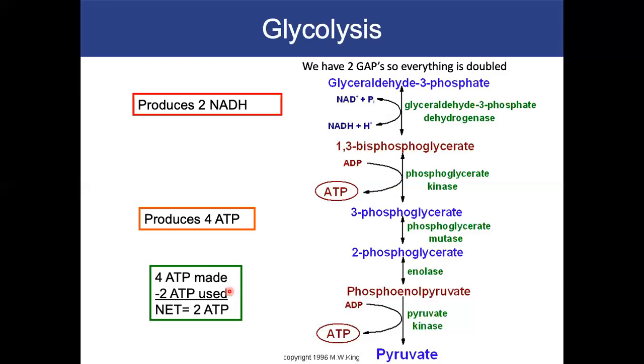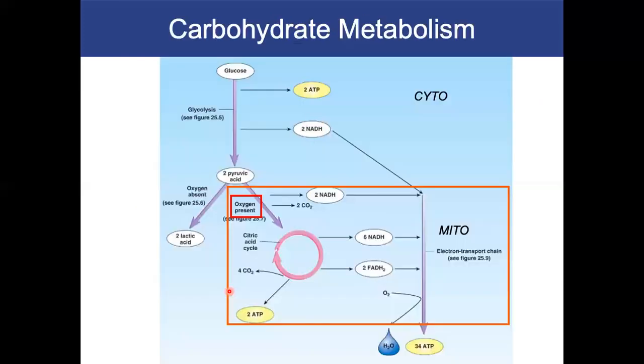You're going to make 2 NADHs. You make 4 ATPs, but you use 2 ATPs, so your net is 2 ATPs. Where does this occur? In the cytosol, and if it occurs in the cytosol, it is part of anaerobic metabolism. Anaerobic means without oxygen.